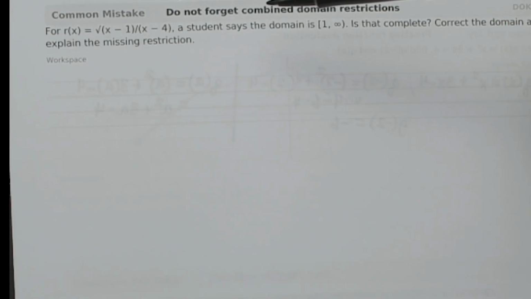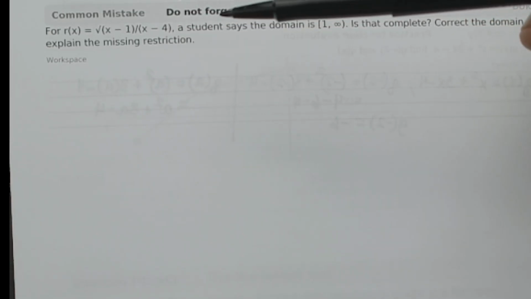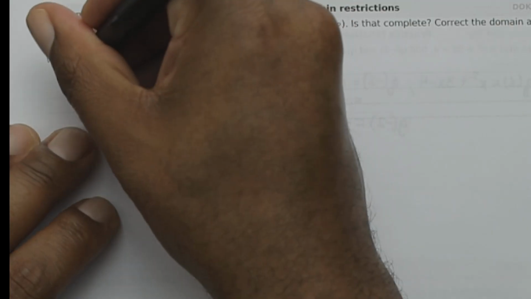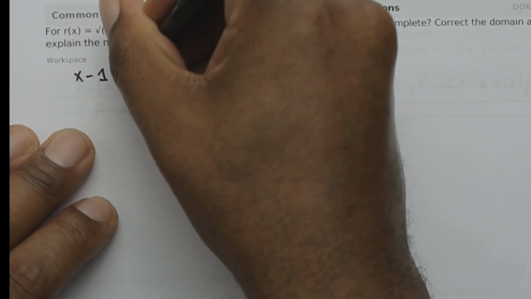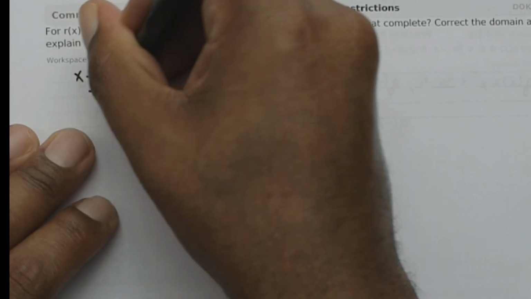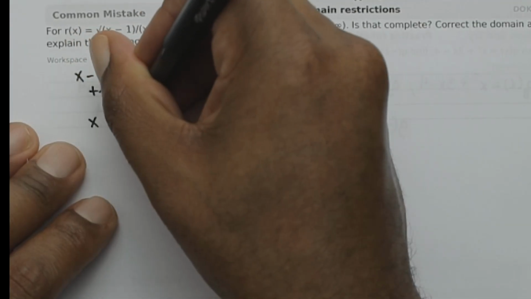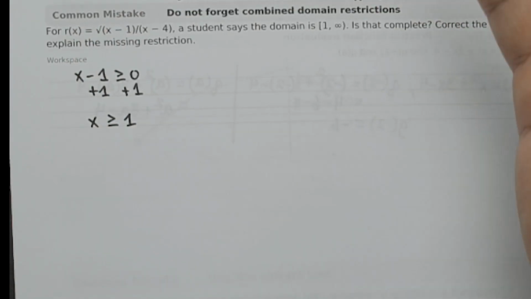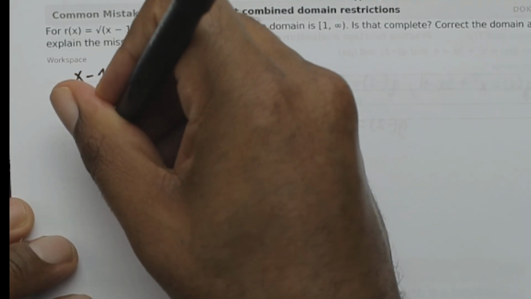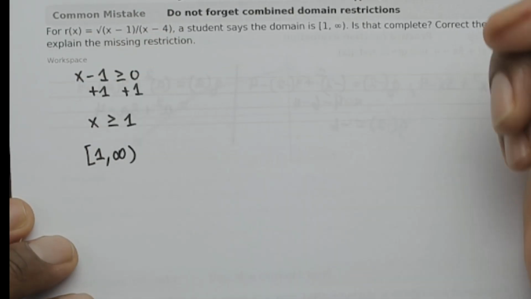The student noticed the root, and that part is good, because the radicand must be greater than or equal to 0. So x minus 1 must be greater than or equal to 0, which means x is greater than or equal to 1.